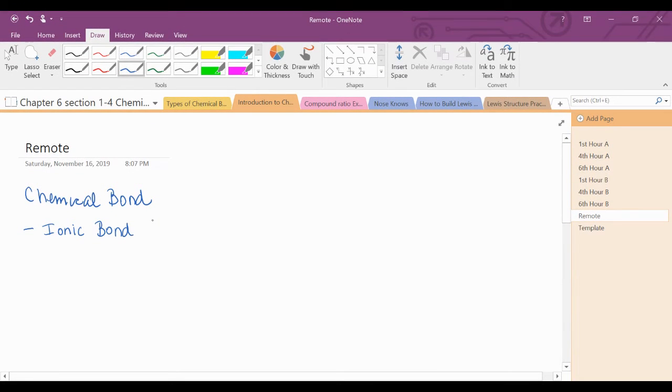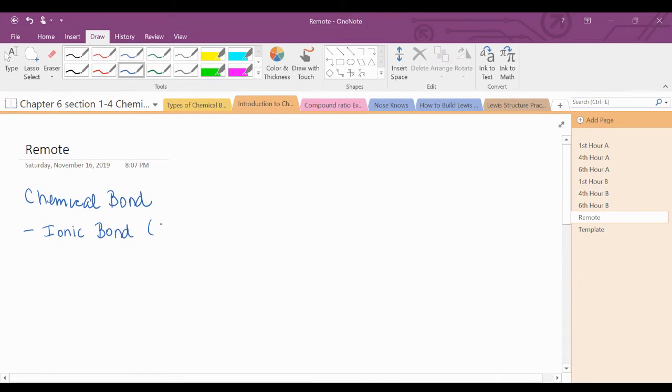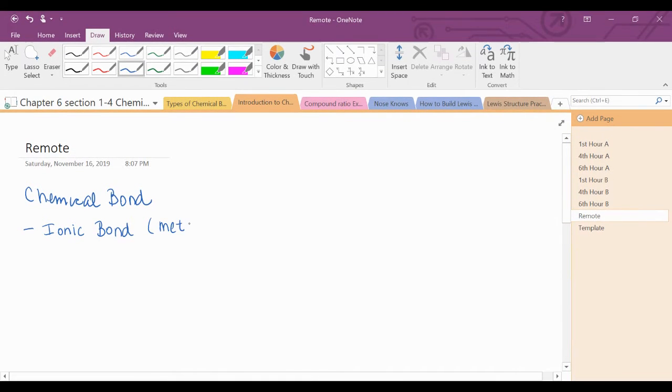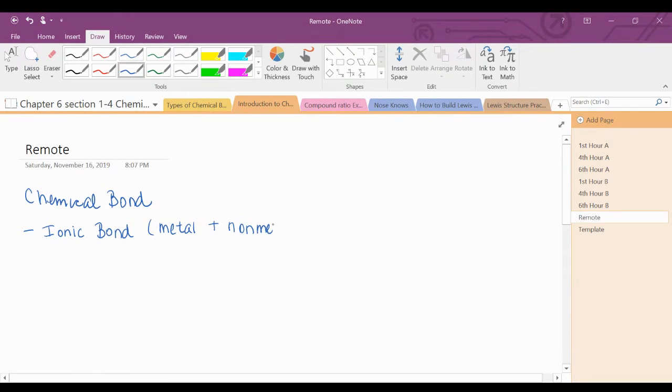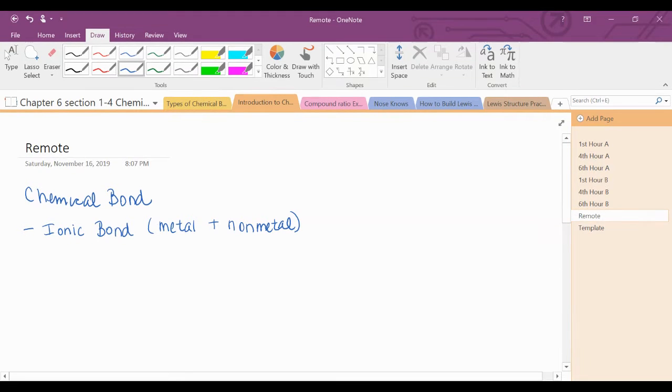Now, in order to have an ionic bond, you have to have a metal combining with a nonmetal. And we need to build off of what we know in chapter 5. So we know from chapter 5 that metals have a low ionization energy, so they give up electrons easily, so they form our cations.